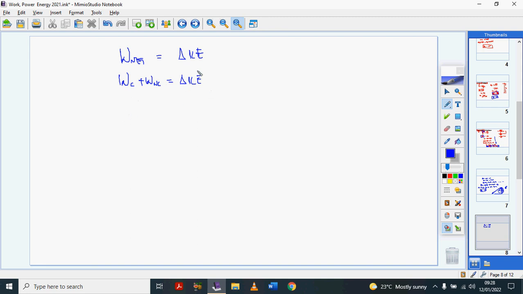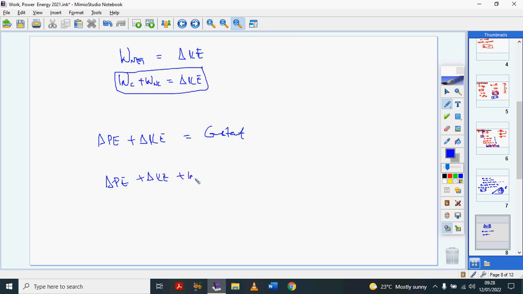The only application of this is the equation that we had earlier that said change in potential energy plus change in kinetic energy is equal to a constant. The only difference is we will now add work done by non-conservative forces.